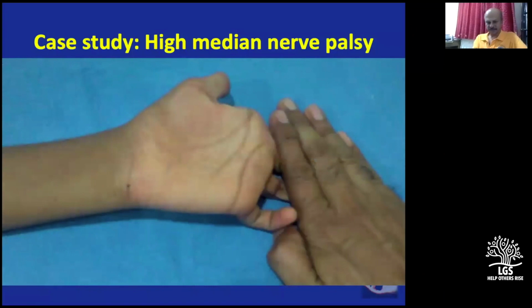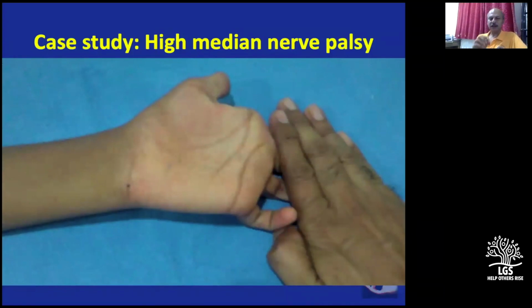Even if the patient flexes the proximal interphalangeal joint, we need to check the tone at the distal interphalangeal joint. Sometimes they use their FDP to try to flex the PIP joint, even though you are preventing it from acting. So there will be an increased tone in the distal interphalangeal joint.